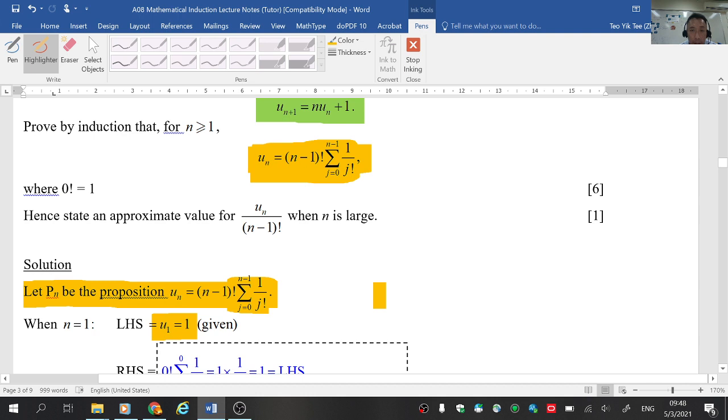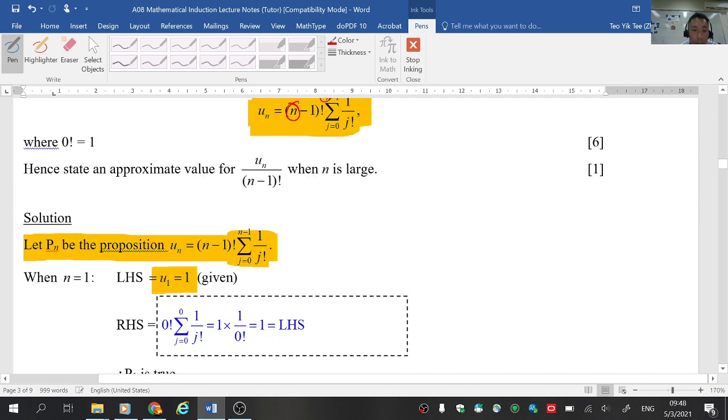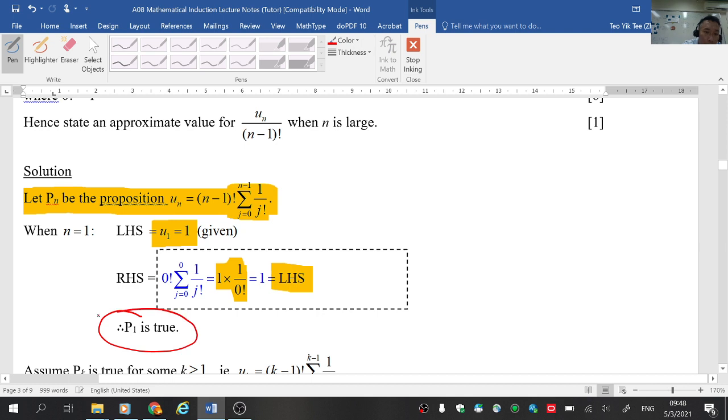On the right hand side, when n is equal to 1, that will be my first case. So I'm going to replace all my n by 1, and I'm going to end up with 1 multiplied by 1 over 0 factorial. The result is equal to 1, and it is equivalent to the left hand side. So what you have done so far is prove that P1 is actually true.